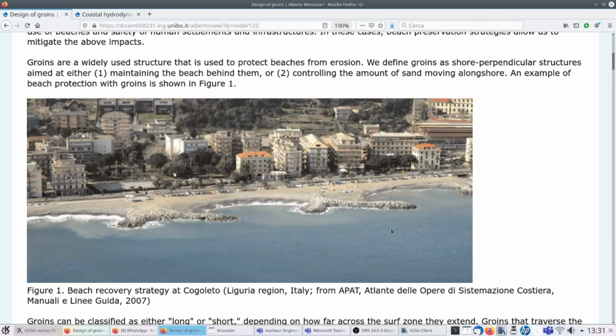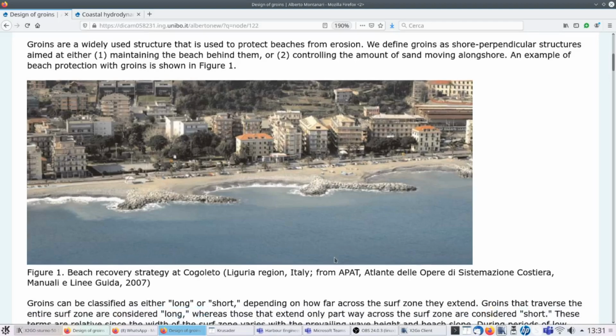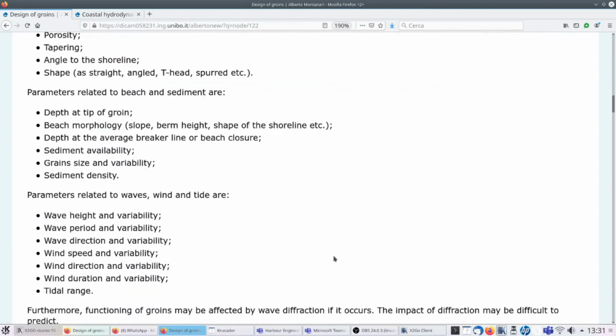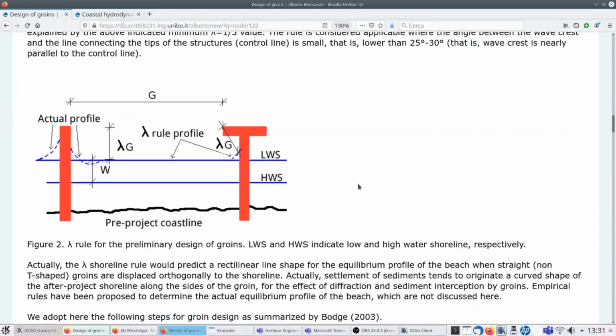They would move the beach back. So I think this figure is really interesting to understand this rule. And in turn, this rule, I think, gives a very useful preliminary idea of how the beach would behave after the building of the groins.